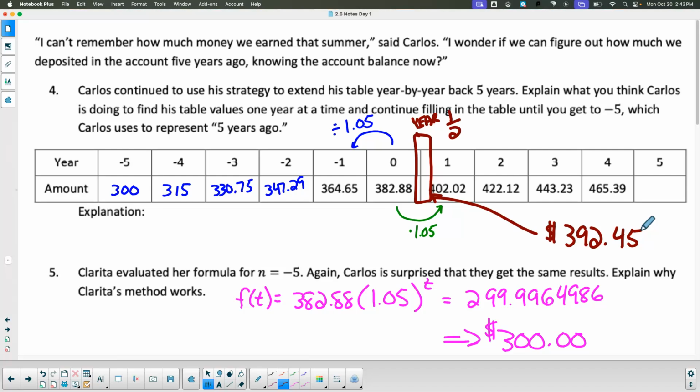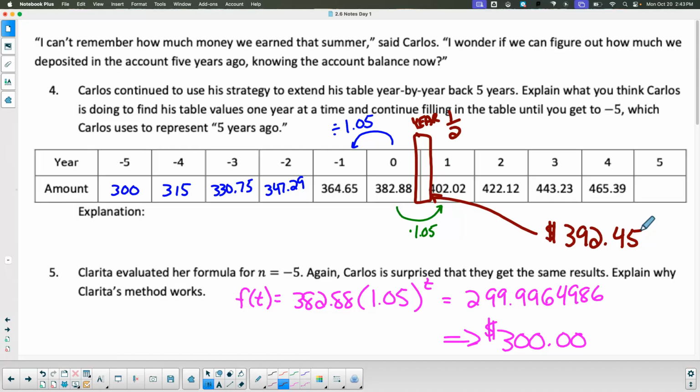I added up 382.88 and 402.02 and divided it by 2. I took the average of those two numbers because then that would be the halfway point between them. Okay? But yeah, I agree with that one too.